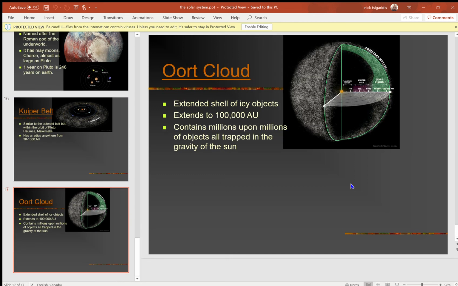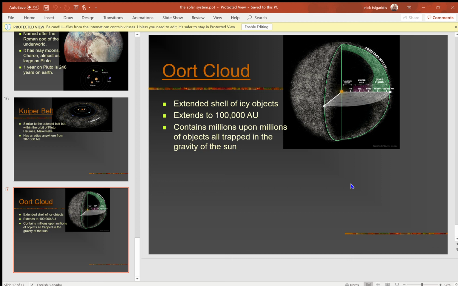Outside of the Kuiper Belt is something that we call the Oort cloud, and the Oort cloud is icy objects. It's a shell that goes around in all directions. So it's not just in the plane of the planets and the asteroid belts, but it's all around in all directions. It extends anywhere between about 1,000 astronomical units all the way out to 100,000 astronomical units.